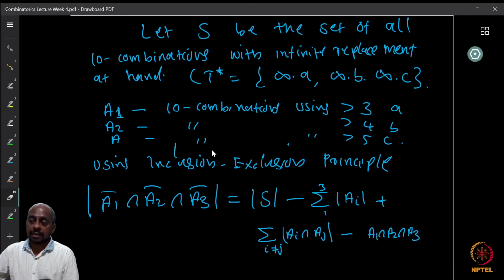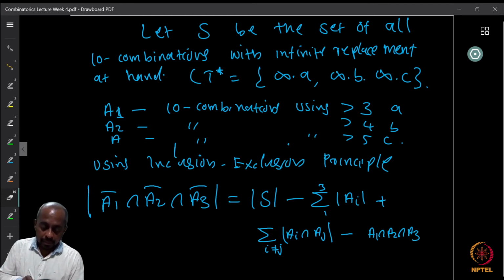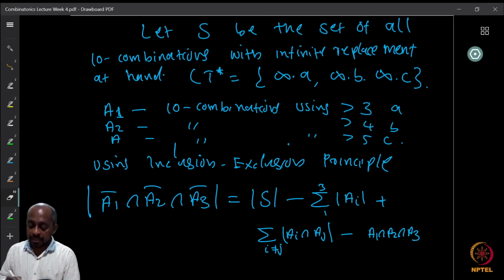What we want is A1 complement intersection A2 complement intersection A3 complement, which is to say we are looking at those 10-combinations which do not have more than 3 A, more than 4 B, or more than 5 C. So none of these must be there.